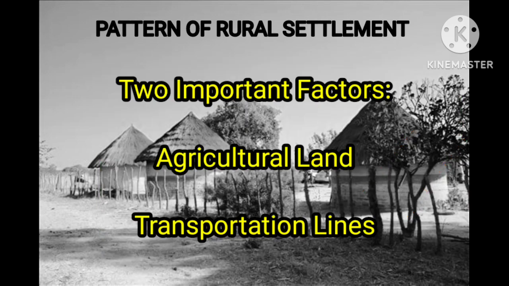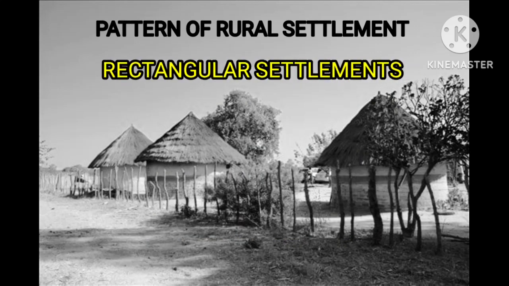So from here, we can take out two important keywords. Number one is agricultural land and number two is transportation lines. These two are the main factors for the development and obviously for the design of rural settlement. So firstly, we have rectangular pattern.